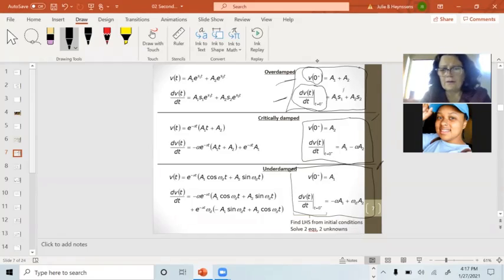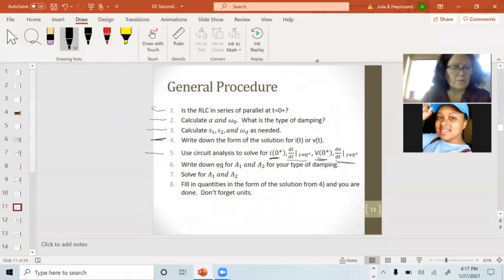I've already calculated S1 and S2 and alpha and omega D, so I can plug those in. And then I have 2 equations and 2 unknowns, A1 and A2. I do a little bit of algebra and I'm done. Write down your equations and then solve them.